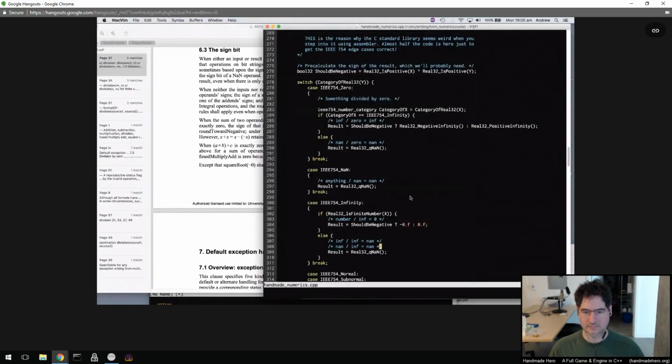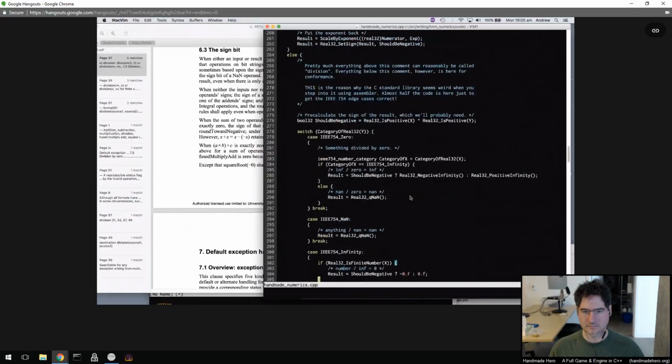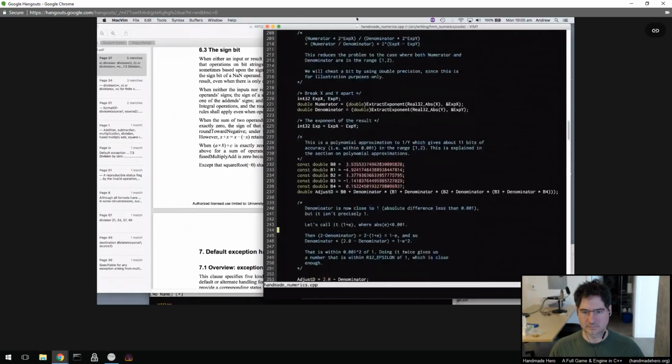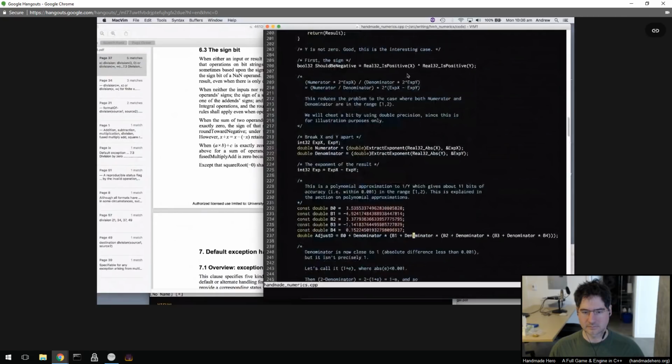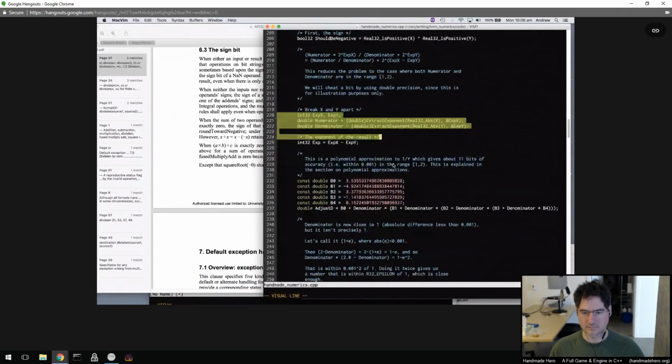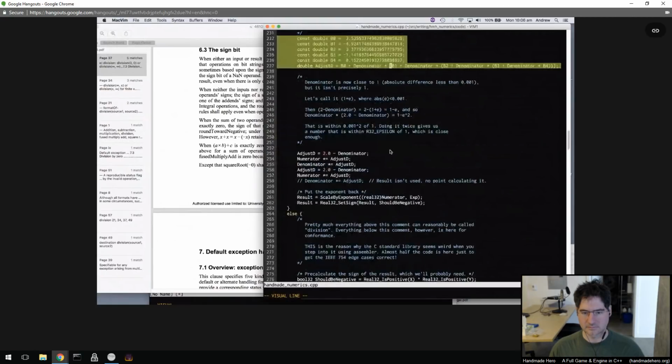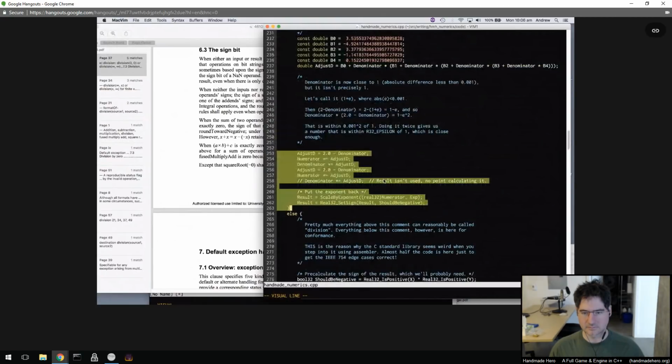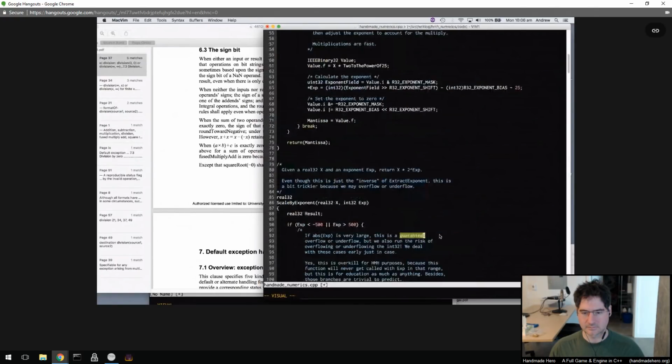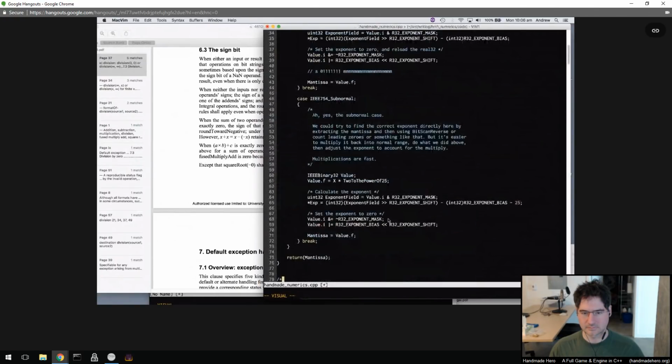But the point that I want to drum in here is that this is division. It's that line of code, those lines of code, this, which I'll explain later because it's very interesting, and that.